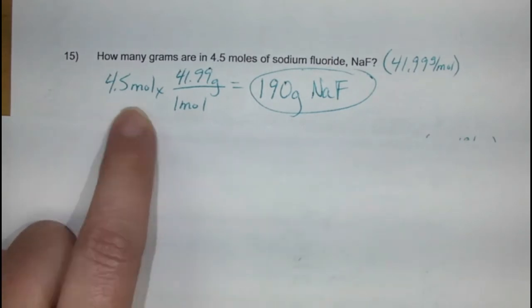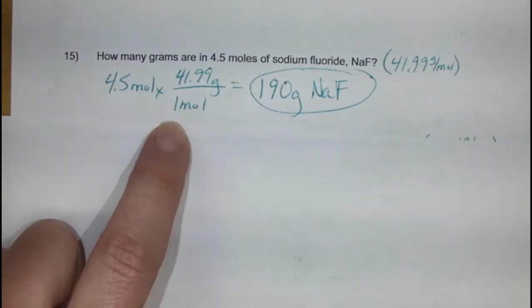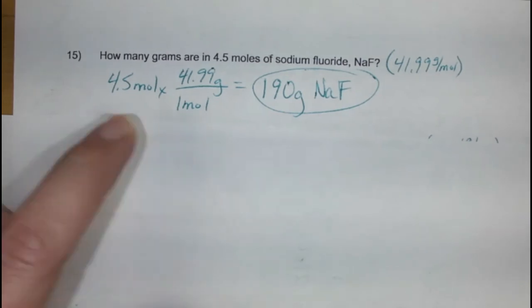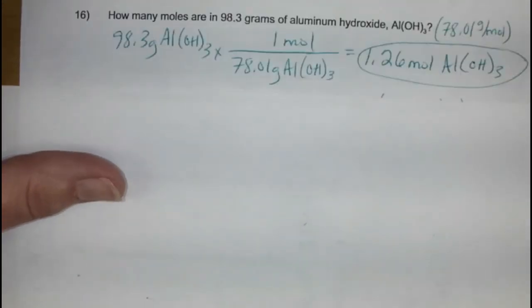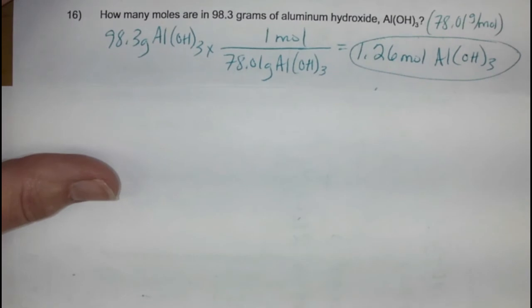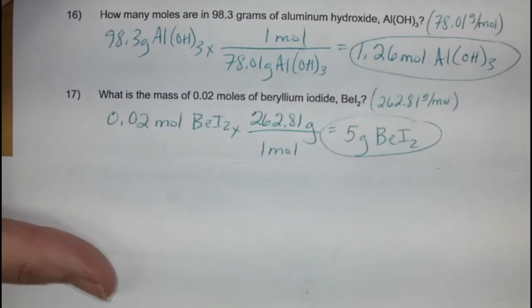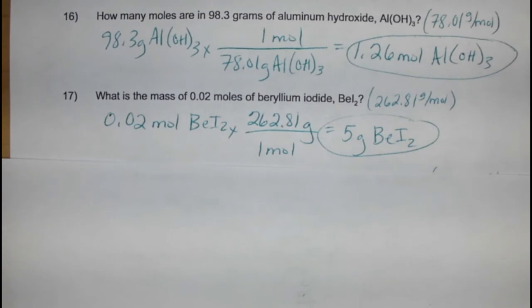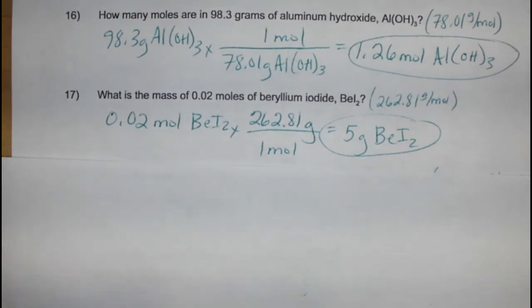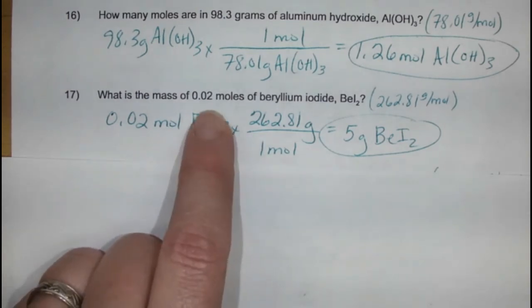So for 15, you should get 190 grams of sodium fluoride. 16, 1.26 moles of aluminum hydroxide. Number 17 is 5 grams of beryllium iodide. And there's only 1 sig fig because 0.02 only has 1 sig fig.